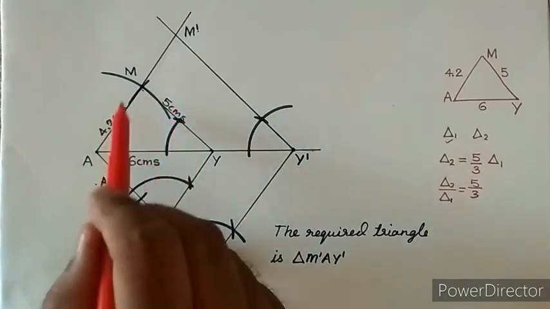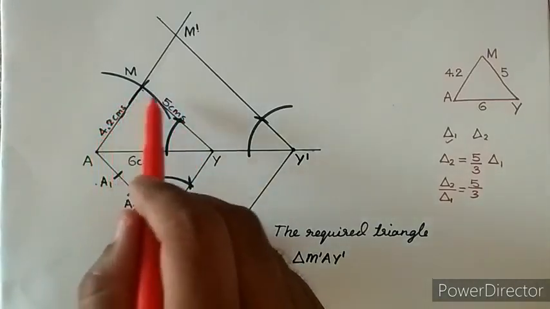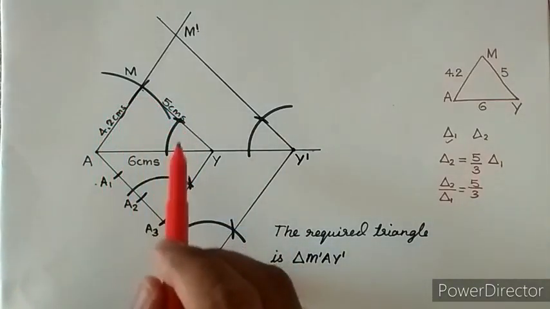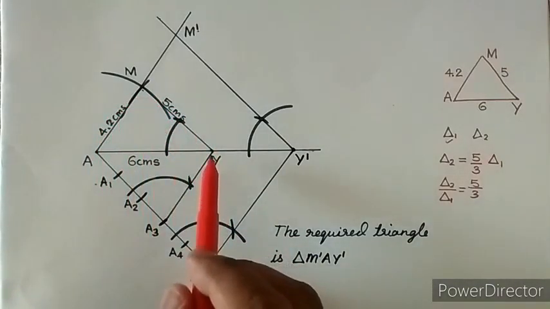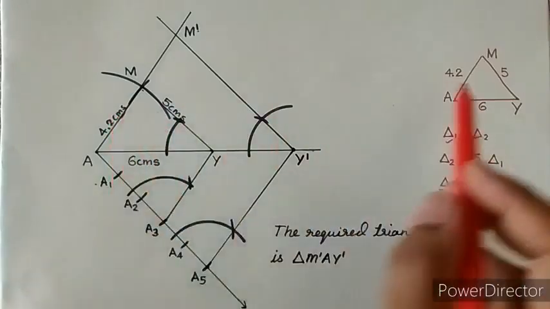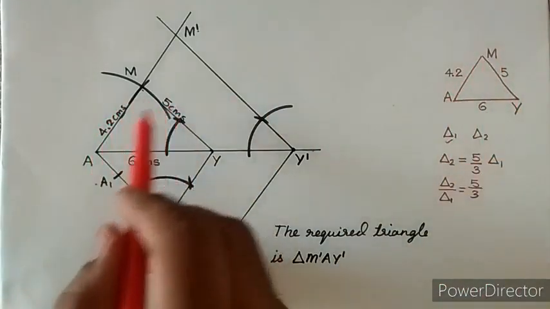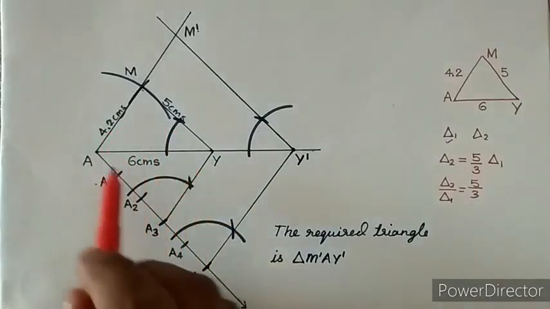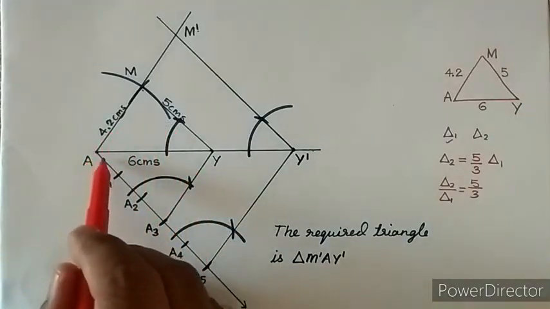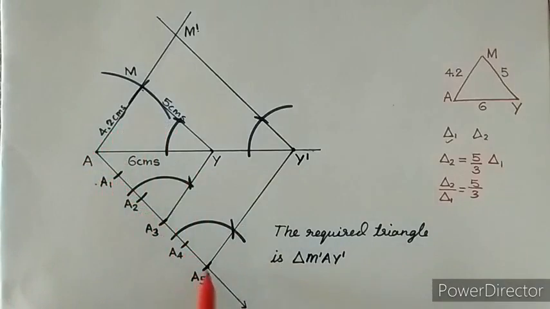Please write all the measurements given. Don't wait to write the measurements later, because you may forget. So whatever values are given in the question, those values should come here in the first figure. And then you have to draw a line at an angle of roughly 45 degrees.